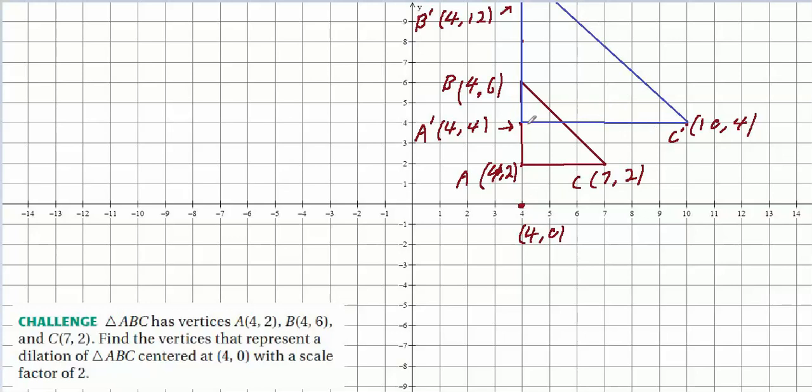In other words, the distance from our center point to point A, well, that's 2 units. So we're going to have to double that and maintain the same direction. So this vector from here to here becomes (4, 4). Just double the length of this one. Same thing here. This is 3 units out and 2 up. So now we got to go 6 units out and 4 up.